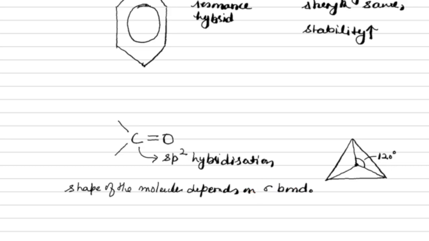Pi bonds are weak. So who defines the shape? The sigma bond. That's why when I'm drawing this structure, I'm just worried about the sigma bond. So these are sigma bonds, strong bonds. Okay, so that's how we see the trigonal planar structure of aldehyde.